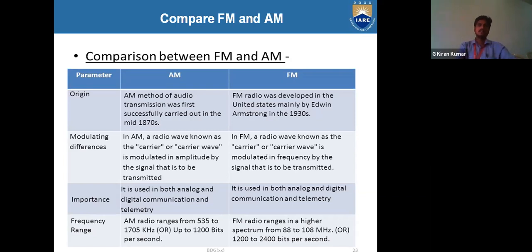And the frequency range, this is a very important aspect.